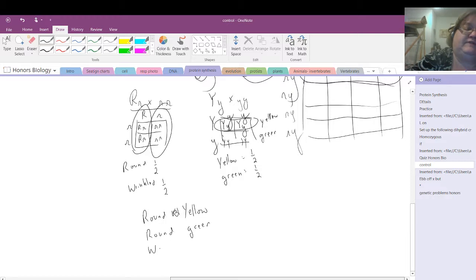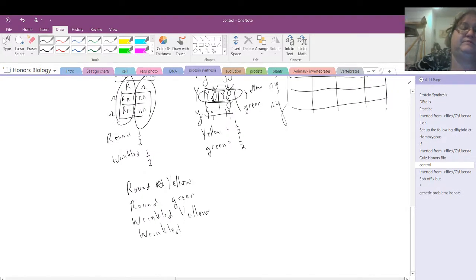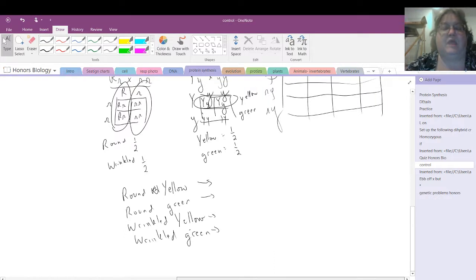What's the chance of having a wrinkled yellow? And what's the chance of having a wrinkled green pea plant? And you should be able to use those probabilities to determine your final probabilities.